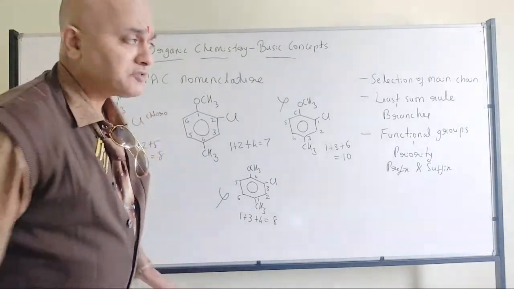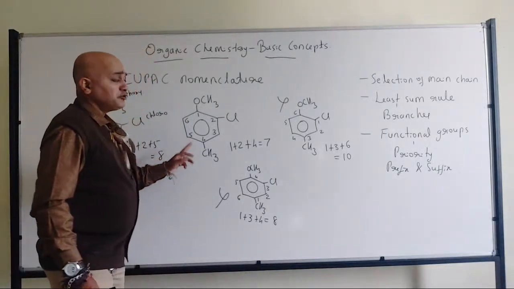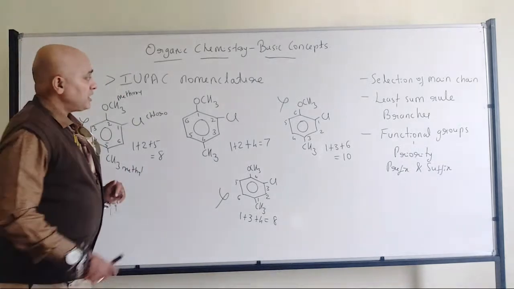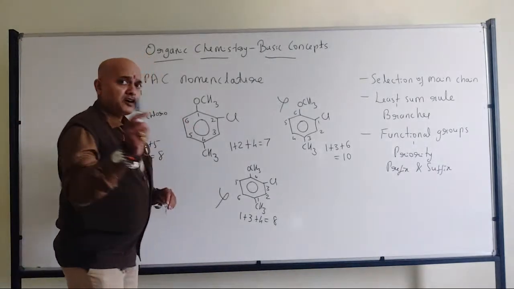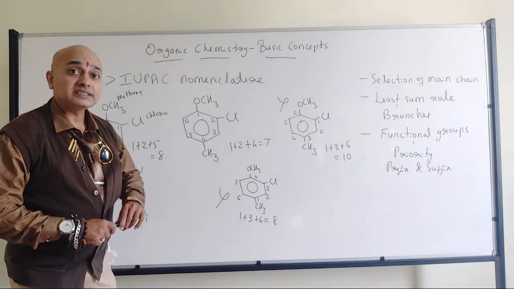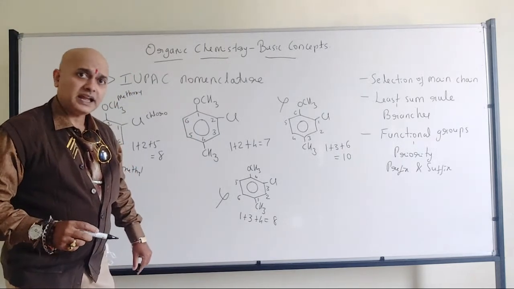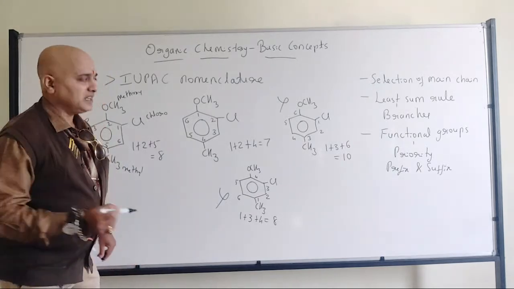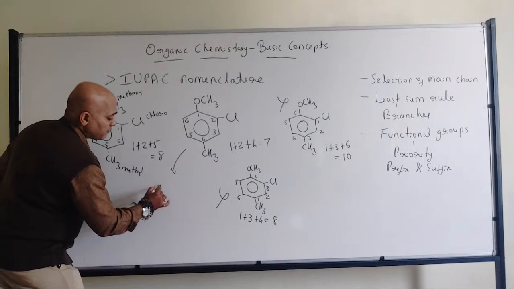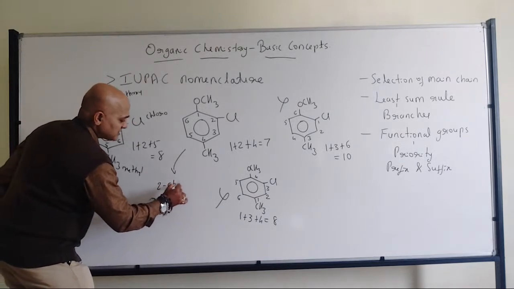If you want to use that one as a parent molecule, it should be benzene, not hexane. So you have written the proper numbering, but the parent molecule itself you have written wrong. No need to delete, it's fine. So that's where we have the name of the molecule as Gauri has written.